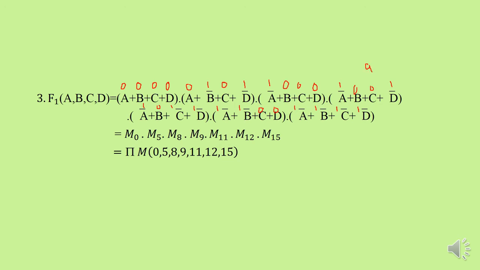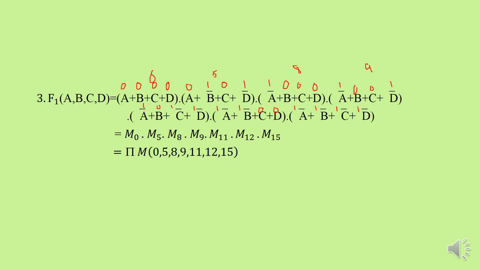So it is 9, it is 8, it is 5, it is 0. Next, 1 0 1 1 means 11. 1 1 0 0 is 12. 1 1 1 1 means 15.